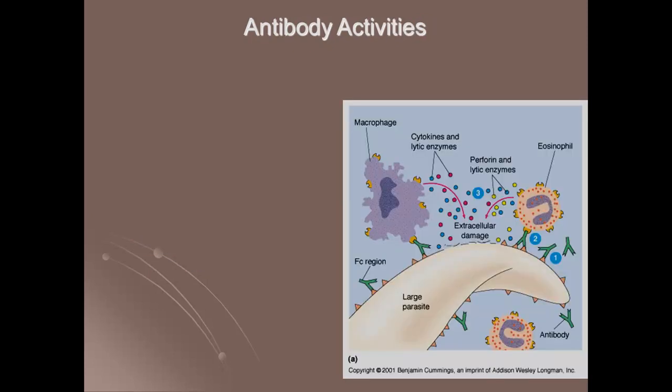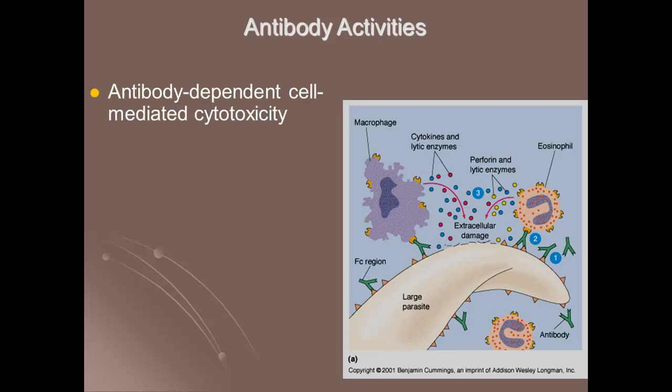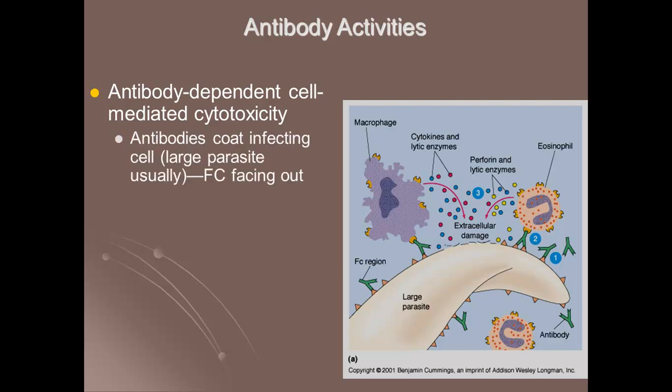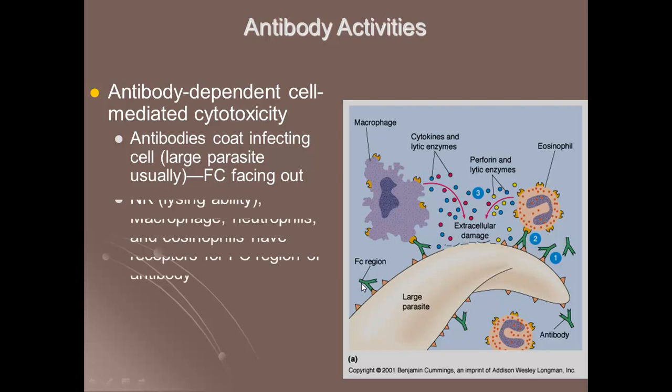Another antibody activity is called antibody-dependent cell-mediated cytotoxicity, ADCC. In this process, the antibodies coat an infecting cell, usually a large parasite. Here's a large parasite, and here are the antibodies coating it with their Fc stem region facing out.